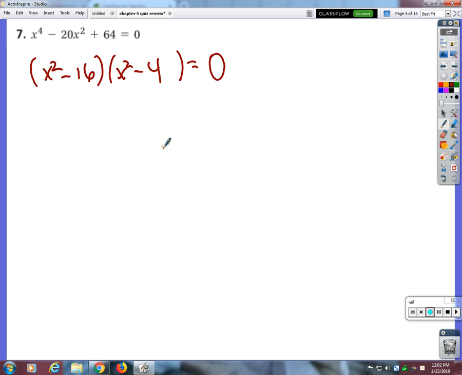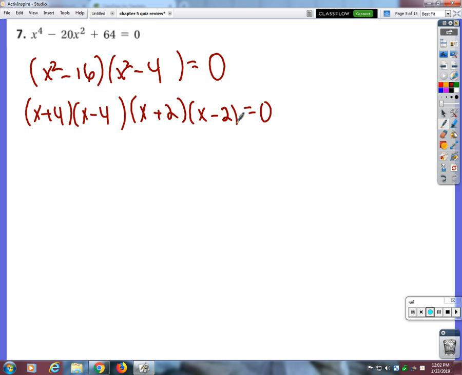Those are the easy ones. Those are the difference of two squares. And so x squared minus 16 factors really easily into x plus 4 times x minus 4. And x squared minus 4 is the same thing. That factors into x plus 2 times x minus 2.